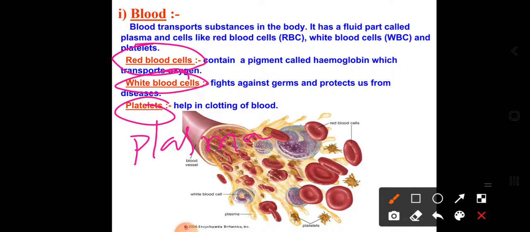And the third one, platelets, are truly helpful for the clotting of blood at the injured area.